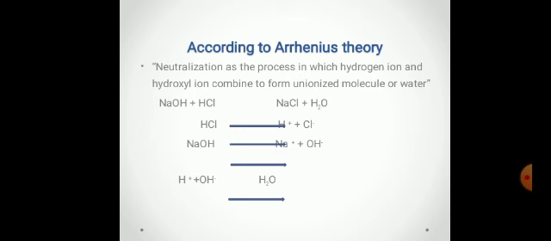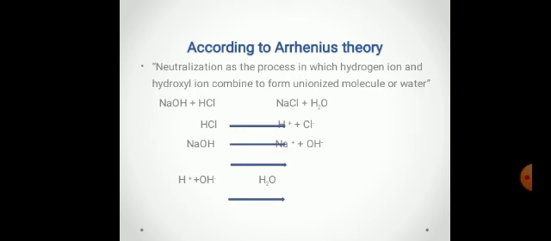So according to Arrhenius theory, neutralization reaction is NaOH reacting with HCl. The OH minus from the base and H plus from the acid combine together and form a water molecule, and the sodium and chloride react with each other and form salt.